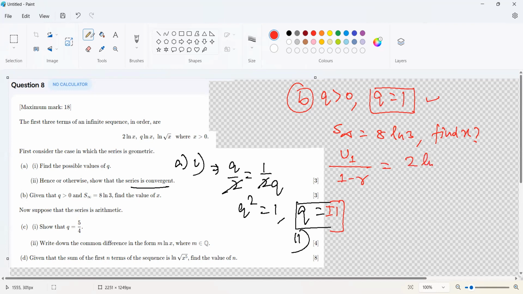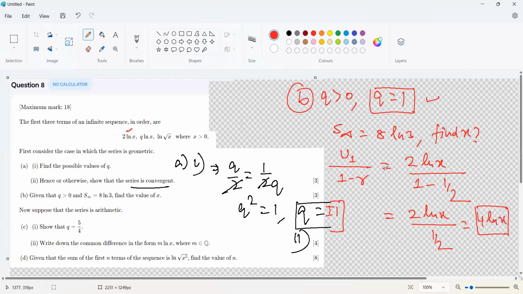What is u1? 2 ln x. 1 minus r is 1 by 2. The result is 2 ln x over 1 by 2, that is 4 ln x. This is what I'm getting.